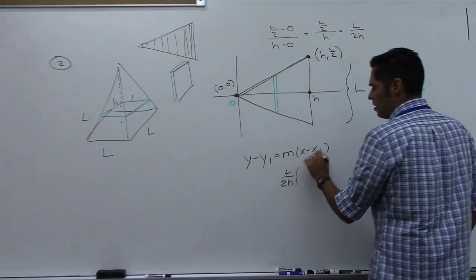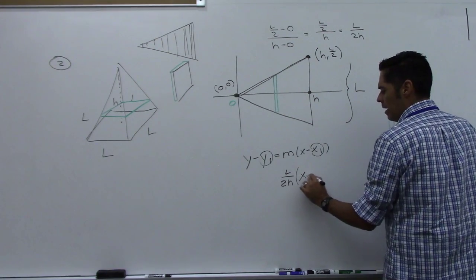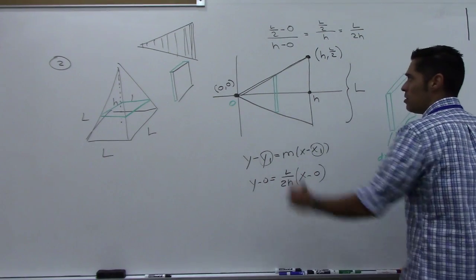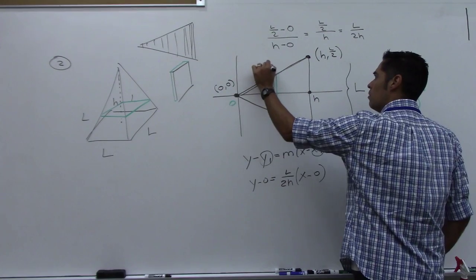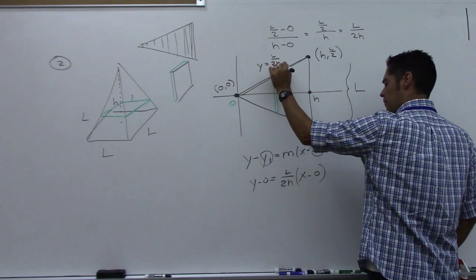Then I just need to use one of the points and plug in, and I'll use 0, 0 because it's easy. So x minus 0, y minus 0. The equation of this line is y equals L over 2h x.